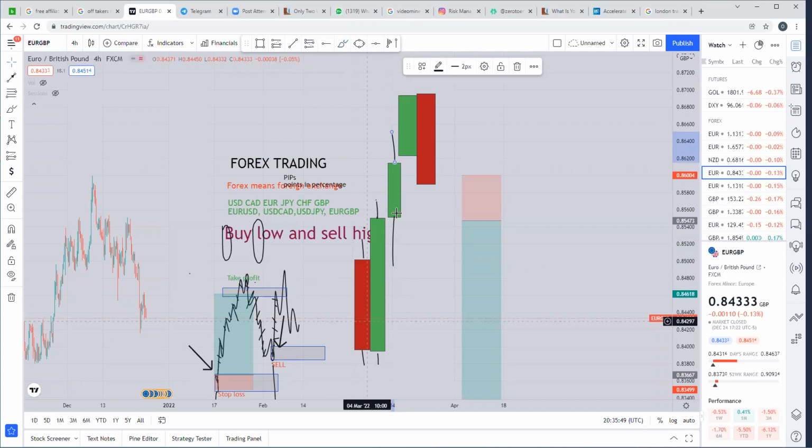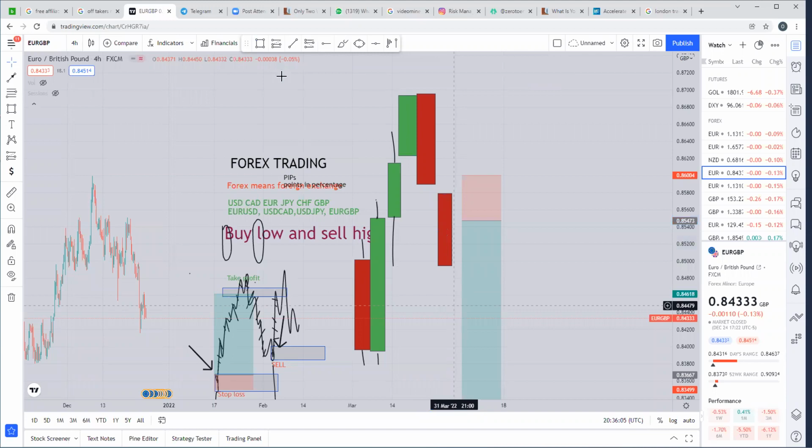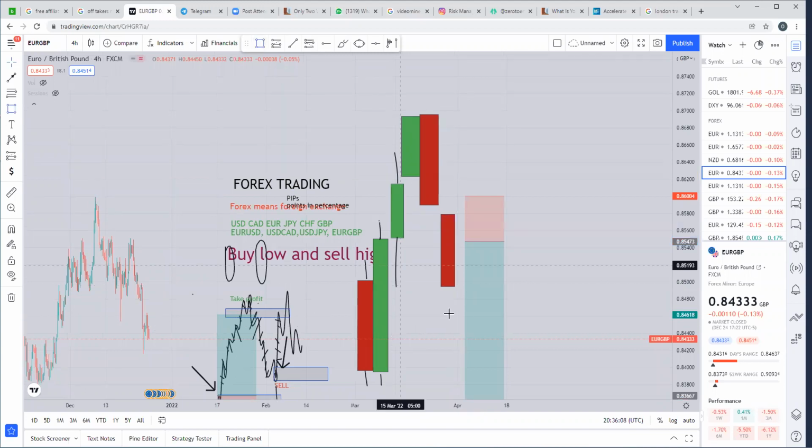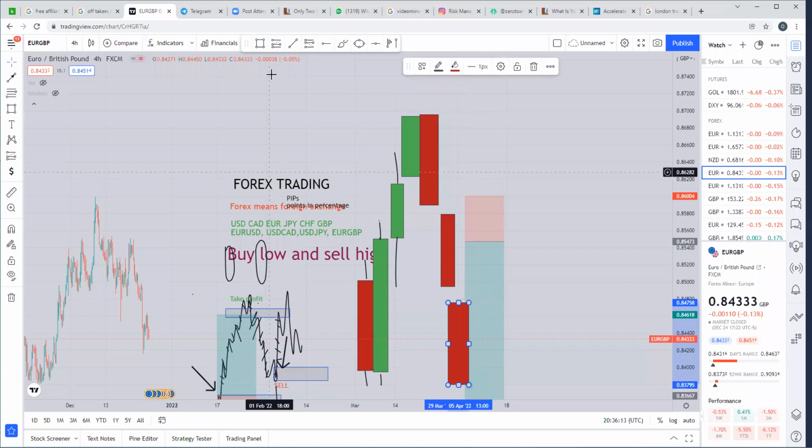Whenever you see this happen, there's a bullish momentum, and when this happens, it means the market is about to start coming down, about to start selling, and it comes down and sells again. This is how the market generally moves.